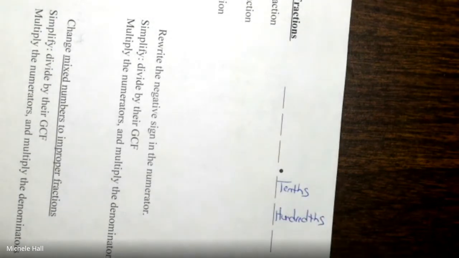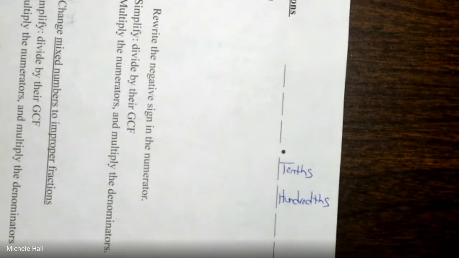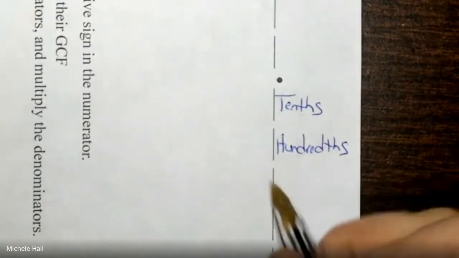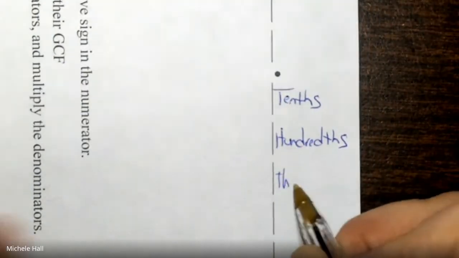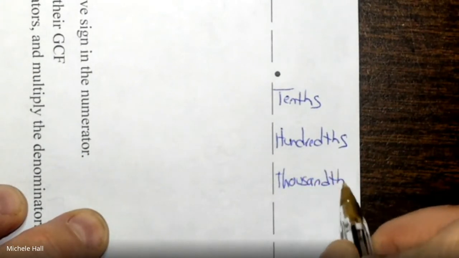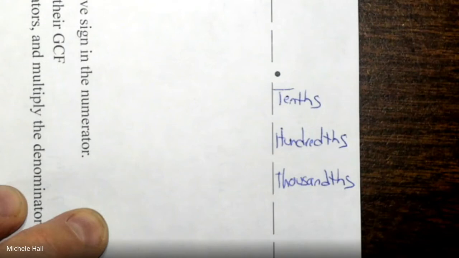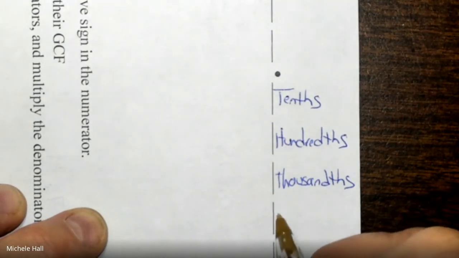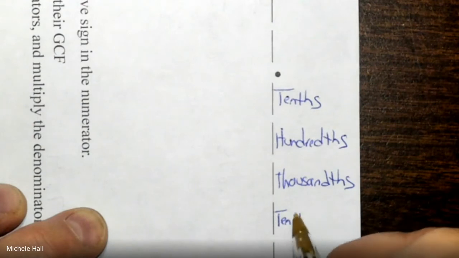So tenths, hundredths with a THS, thousandths, tenths, hundredths, thousandths, 10 thousandths, and so on.